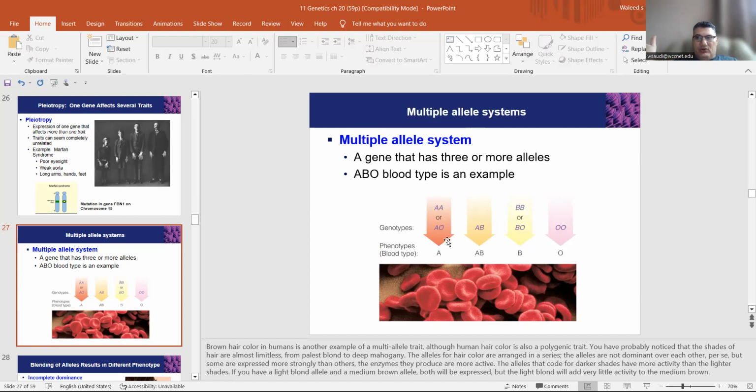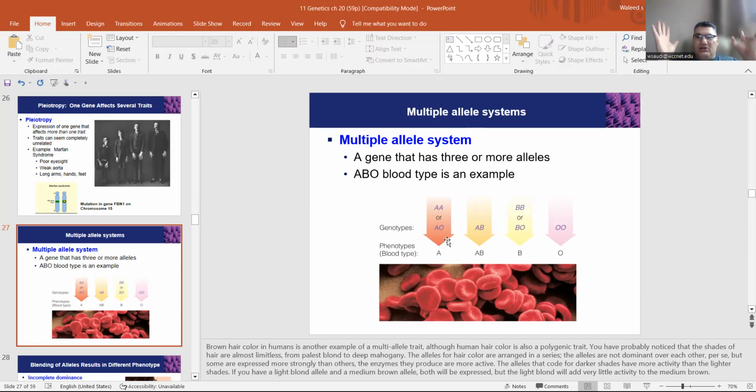Okay, this is one type, complete dominance. This is called co-dominance. A is dominant, B is dominant. So if both of them come to one person, like myself, I'm AB. What's my genotype? It has to be AB.